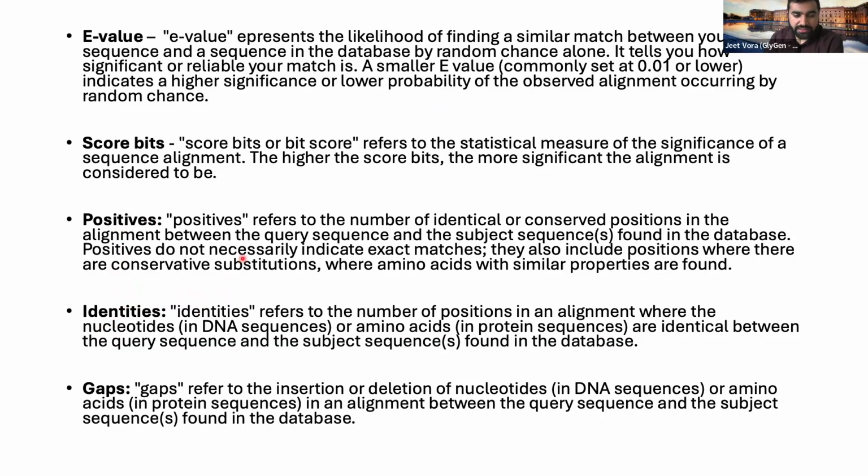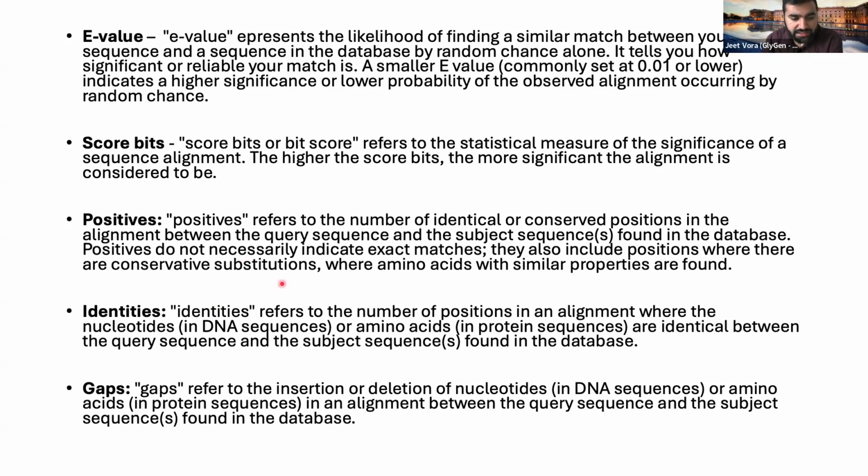So if asparagine and asparagine are found in both your query sequence and the mapped sequence, then they are conserved, or it could be a similar amino acid with similar properties. But there can also be cases where you do not have a conserved one.